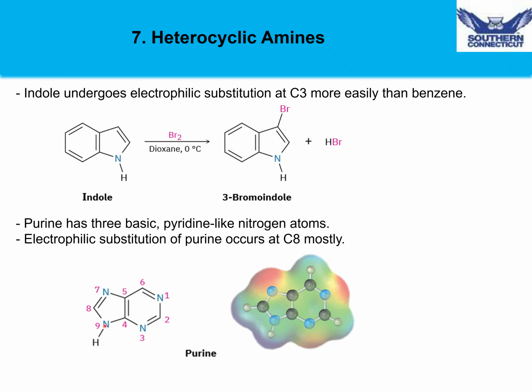And so that nitrogen lone pair is usually not very basic. Electrophilic aromatic substitution reactions with purine typically occur at carbon 8 here of the ring.